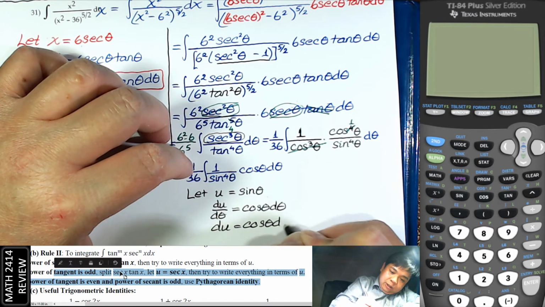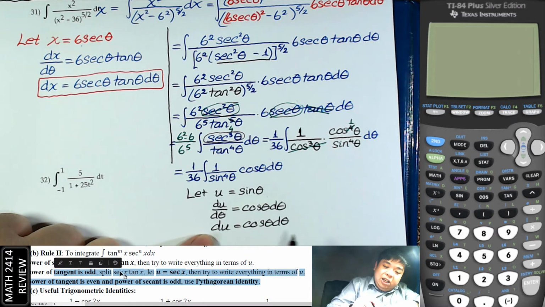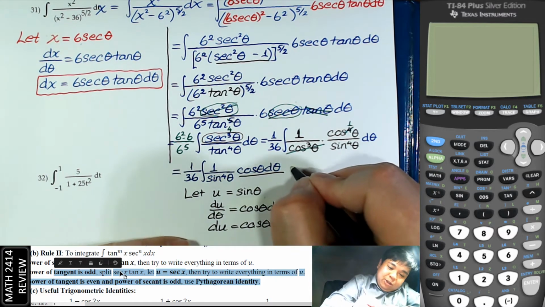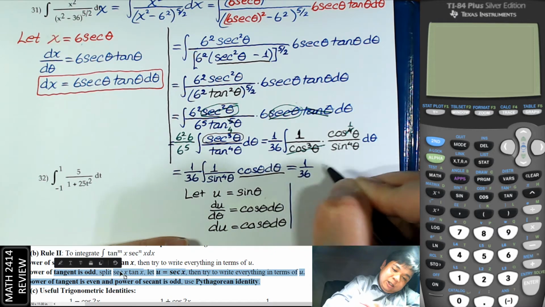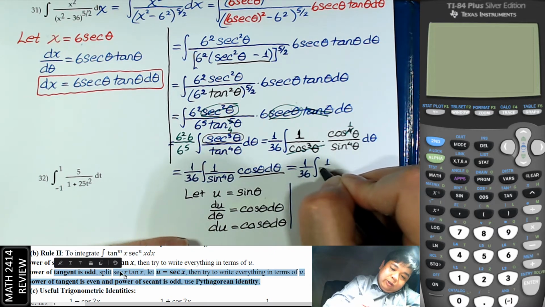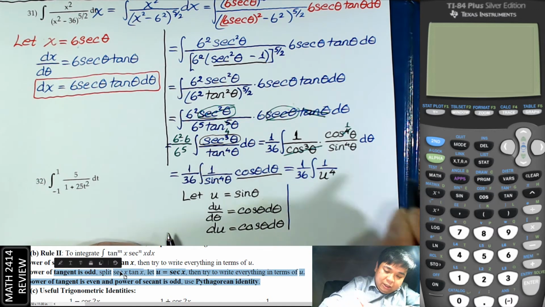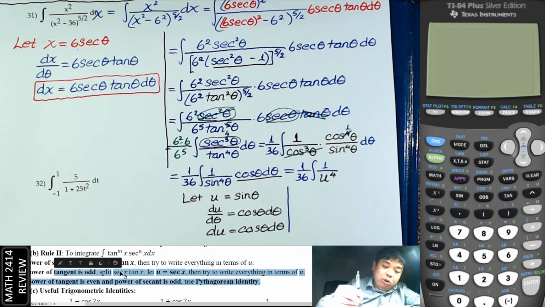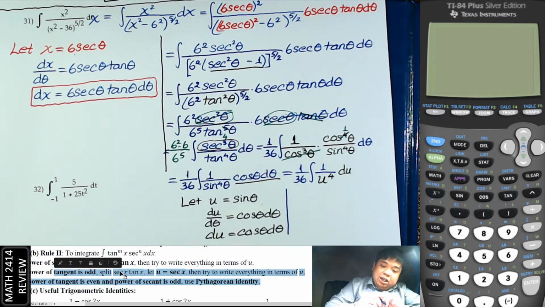Usually I will solve for d theta, but here we have du equal to cosine theta d theta, which is exactly that. So if we substitute, that will be just 1 over 36, 1 over sine, so that's u to the 4th power. And then all of that together is just du.